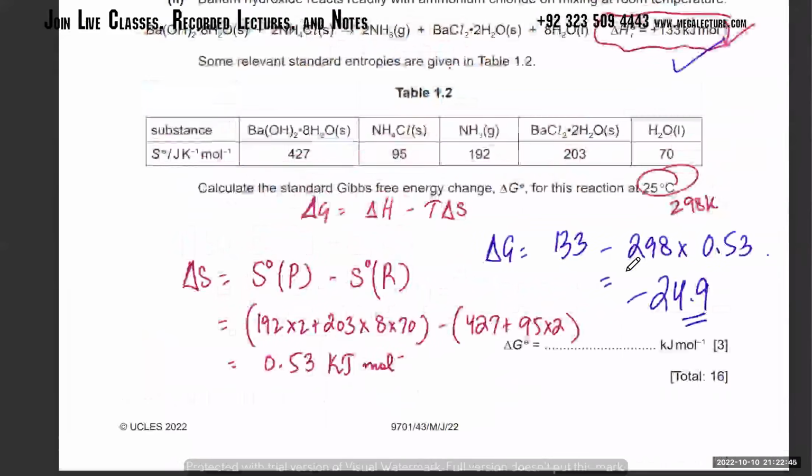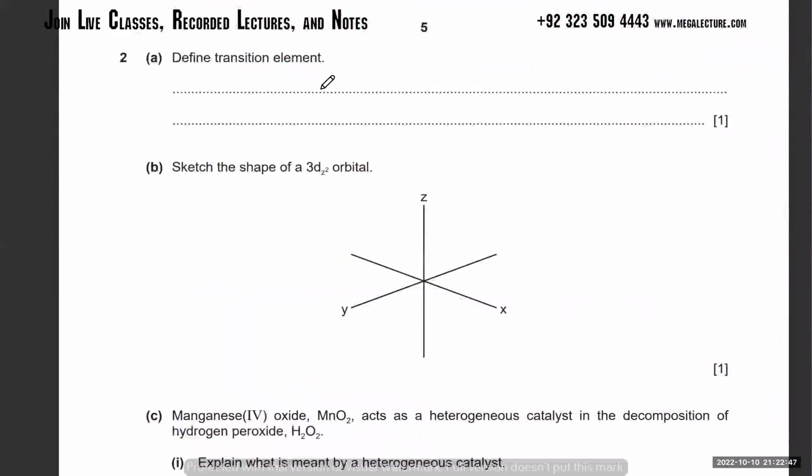So this one, the transition element question. He's saying define a transition element. So what is it? It's going to form stable ions with incomplete d subshells.